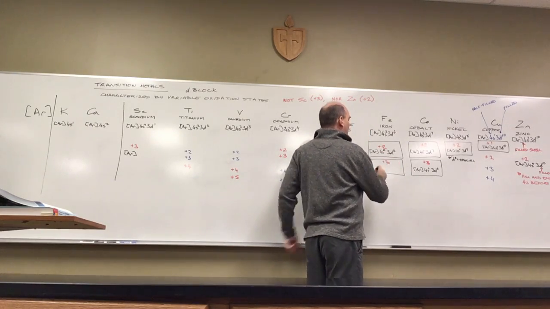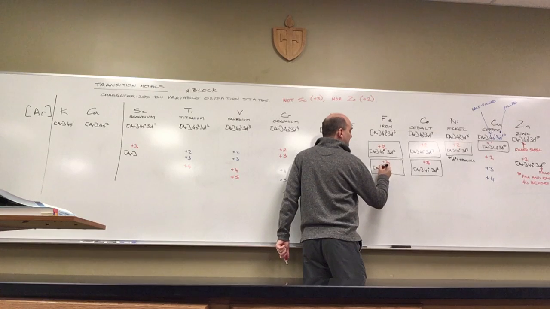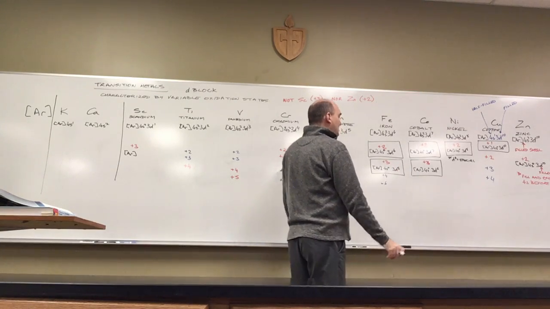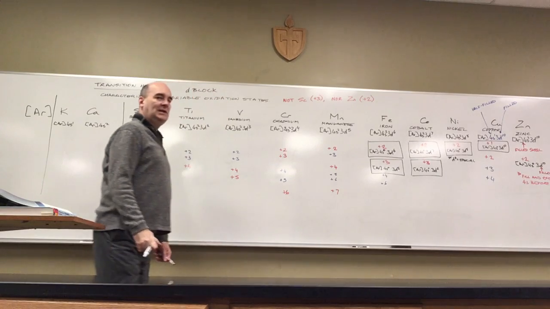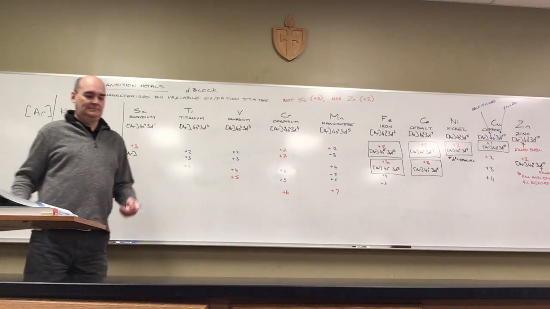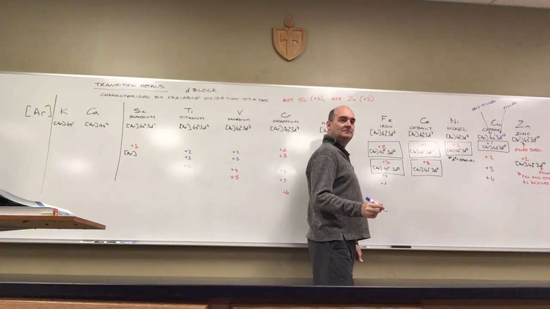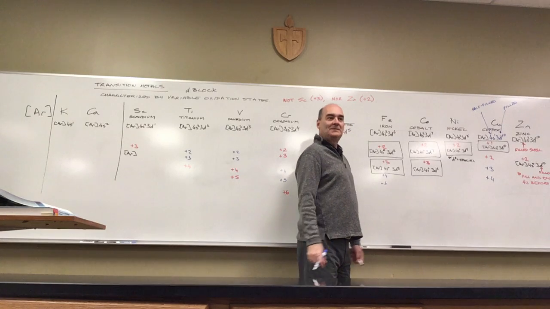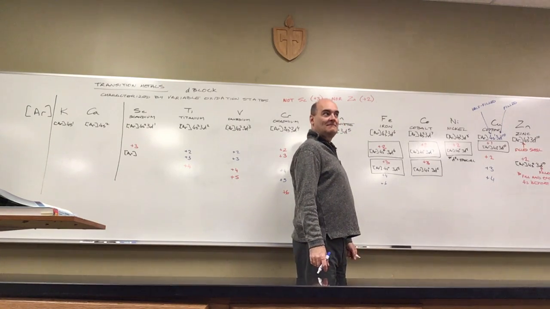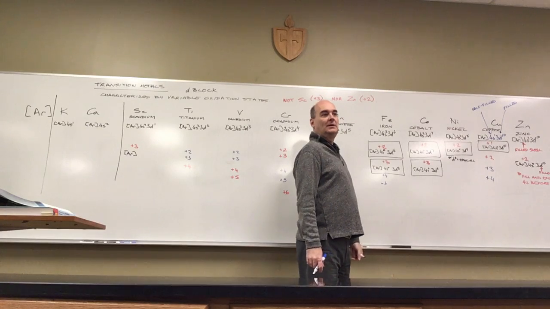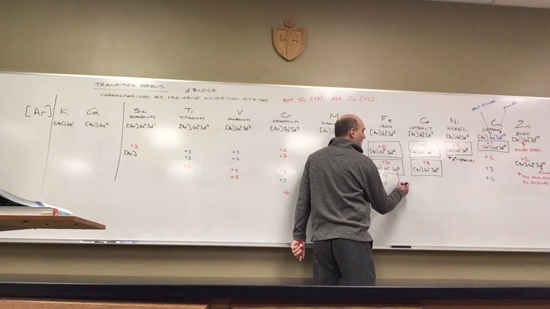If we go iron 3, what have I got? And is 3d5 notably different than 3d6? In what way is it? It's 1 less electron. It's not filled anymore. Or I mean, it wasn't filled. Never mind. How many electrons can the d orbitals hold? 10. It's half filled. So this is a half-filled orbital.